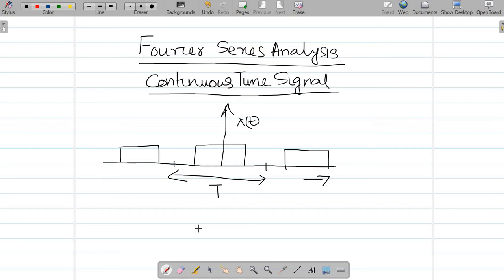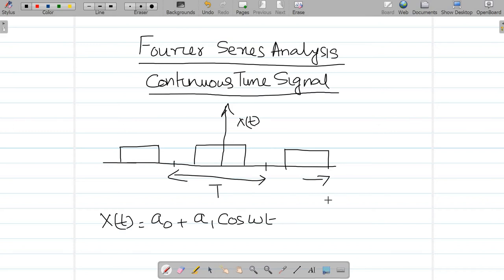sinusoidal components. The sinusoidal component will have a component with the fundamental frequency, and then it will have higher order harmonics. So what I am saying is, this x of t can be written as a DC component plus a cosinusoidal term.